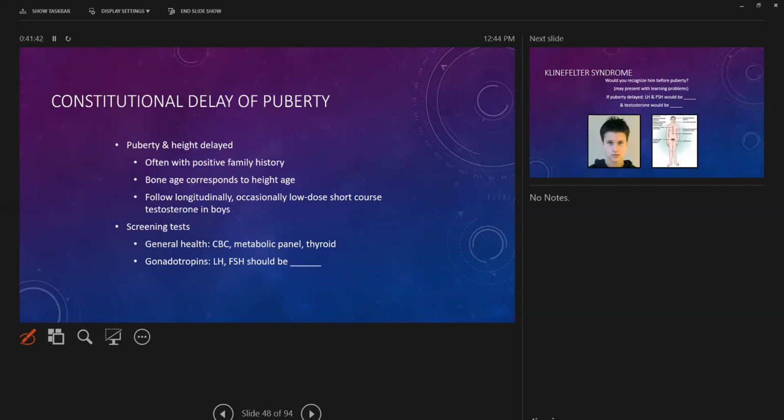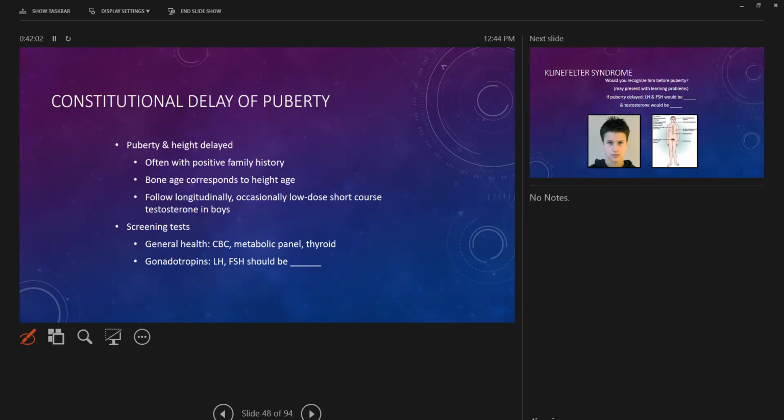Constitutional delay of puberty. So the height of puberty may be delayed. This is the earliest indicator. Often, if it's a constitutional delay, then there's some family history. Bone age may also correspond to the height.